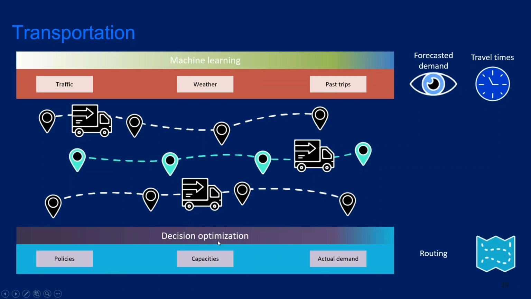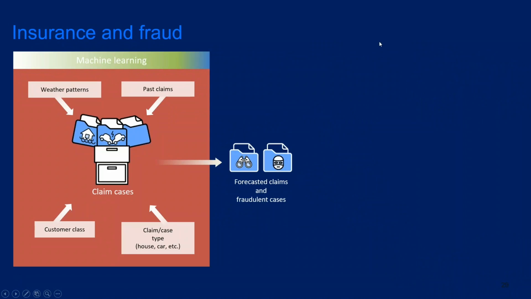They use the policies, the capacities, the actual demand, and what you get is the routing plan. That's what UPS is doing, that's what FedEx is doing, and Staples is doing it. There are many other companies that now start combining machine learning with optimization to get a lot of benefits. Now, in insurance and fraud, there are a lot of applications in machine learning.